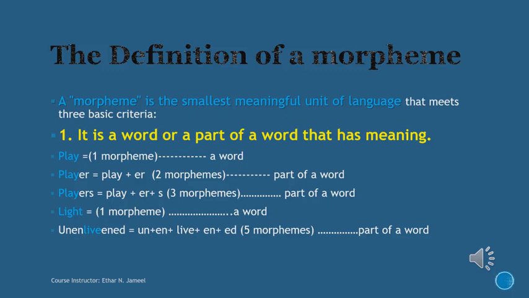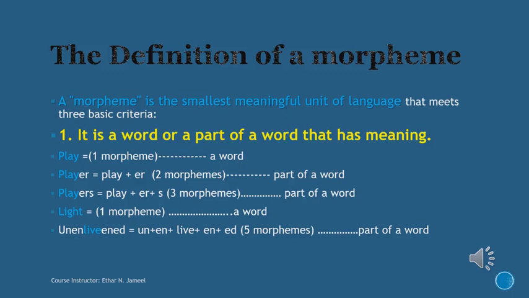Again, that has meaning. The most important condition to identify a morpheme is that it should have a meaning. Otherwise, it is not a morpheme. The first criterion says that the morpheme can be a word or a part of a word, but it should have a meaning. Let's consider some examples.